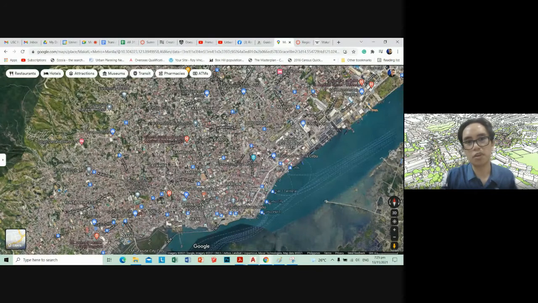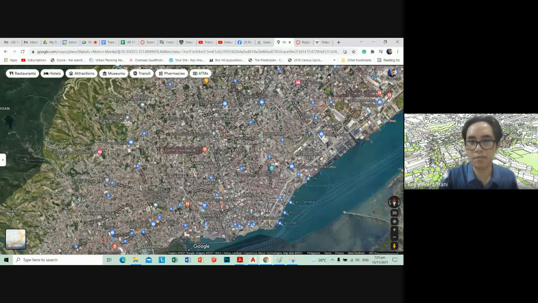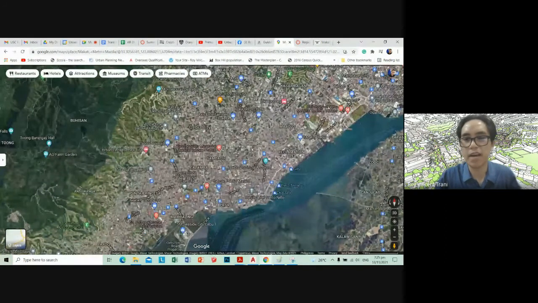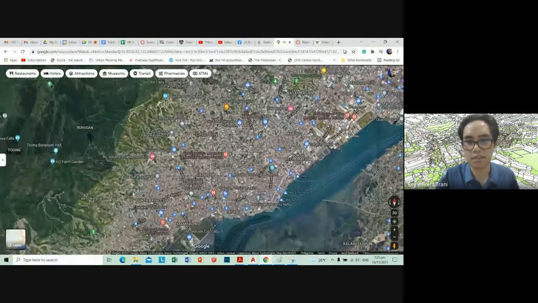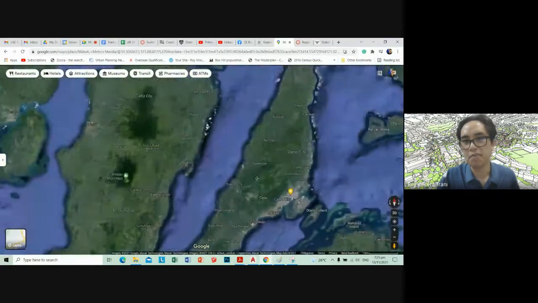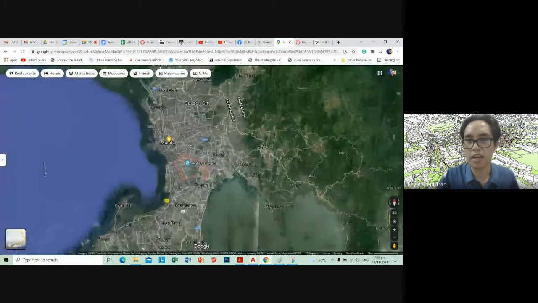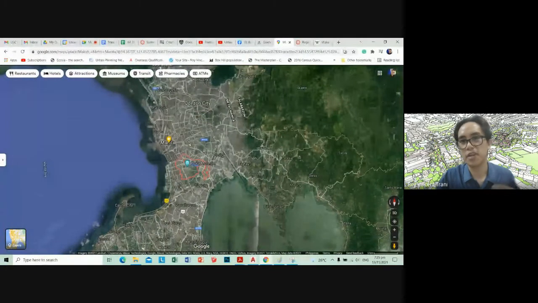That's over 50 years of unplanned development. To save your municipalities and cities from the fate of what's happening in Cebu and Manila, there is really no choice but to have proper land use planning. This is where your urban design and urban planning comes in.